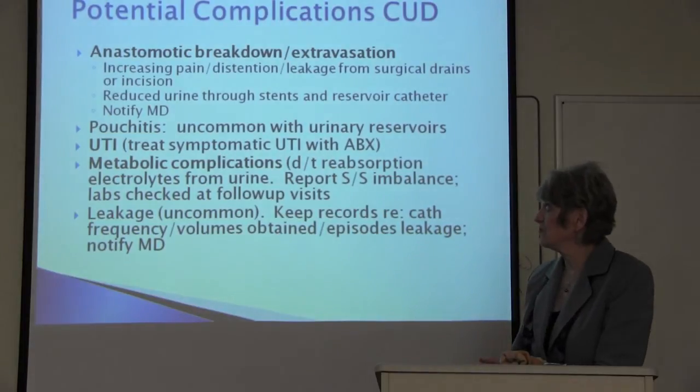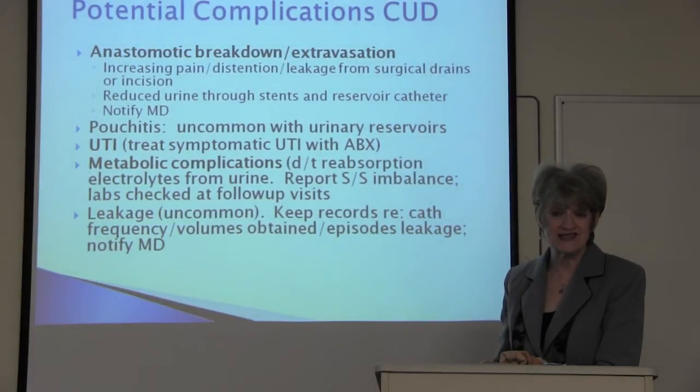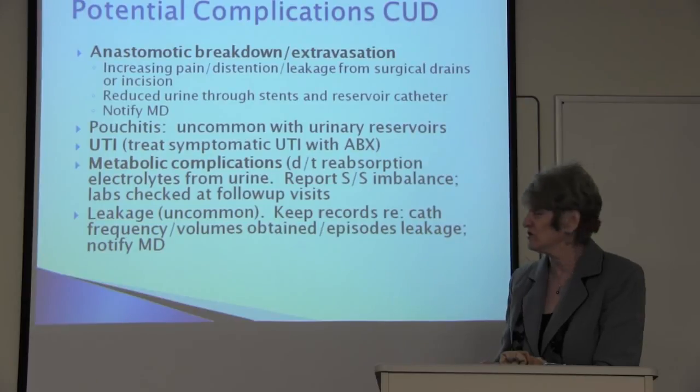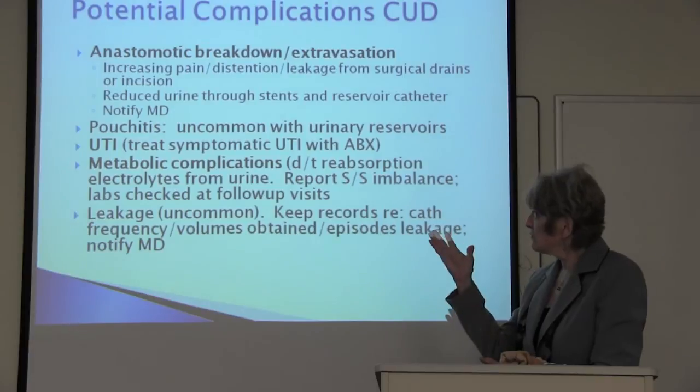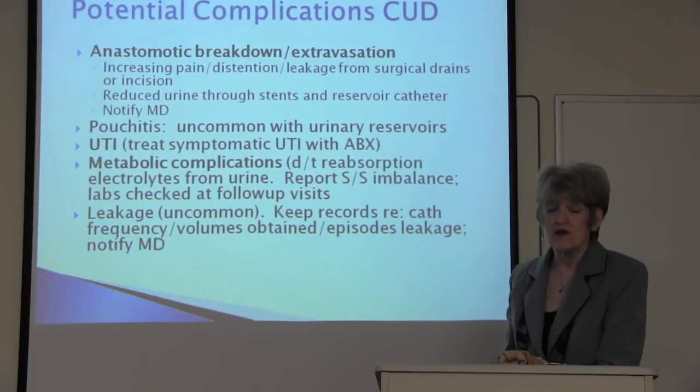What are the potential complications? Early anastomotic breakdown if we allow the reservoir to distend prematurely, if we don't do a good job of keeping that catheter patent until the reservoir is well healed. What would be the signs that we might be getting into anastomotic breakdown?